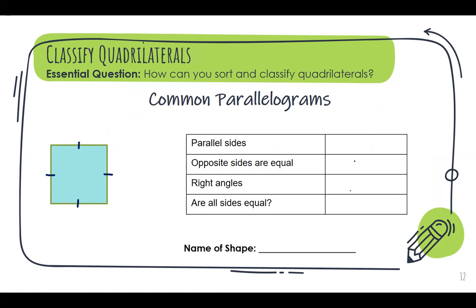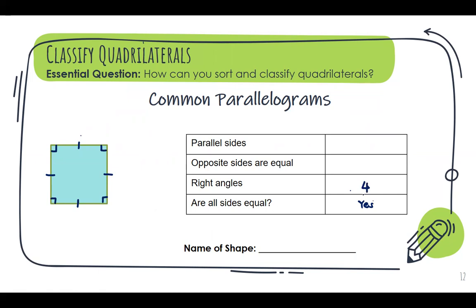So for this one, all sides are equal. And then, if you look closely at its corners, we have 4 corners where we can form right angles. So, in this case, we have 4 right angles.